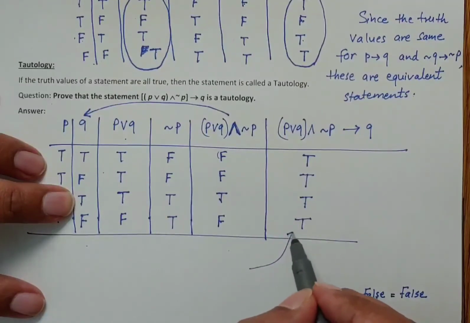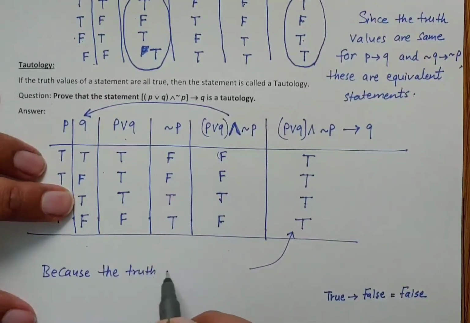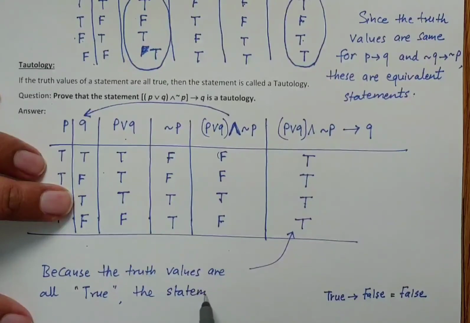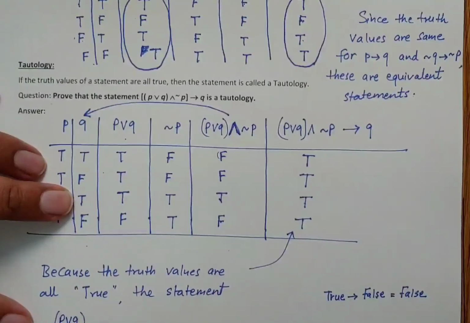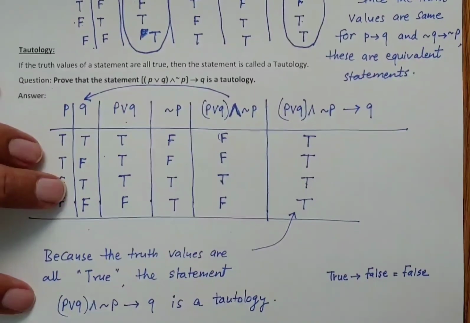So here, because the truth values are all true, the statement P or Q and negation of P implies Q is a tautology.